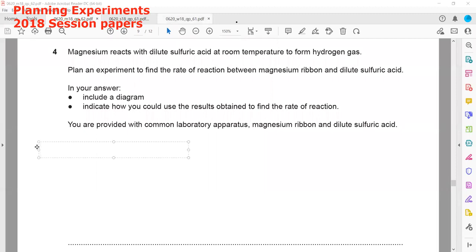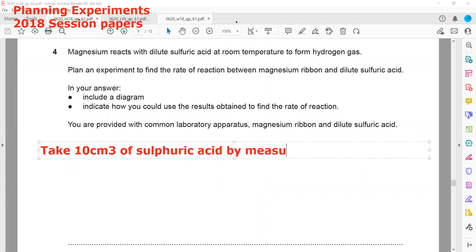First we'll take 10 cm cube of sulfuric acid by measuring cylinder, then we will add it to the conical flask.